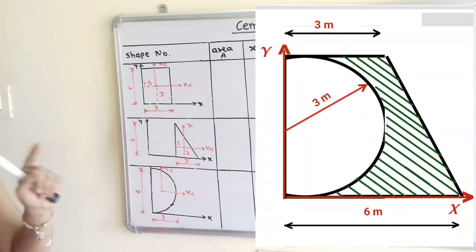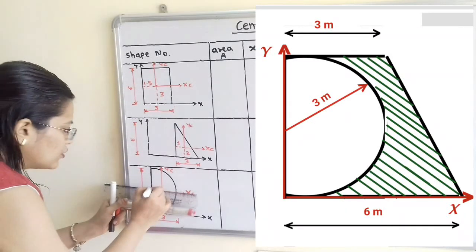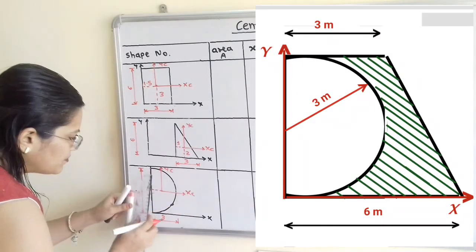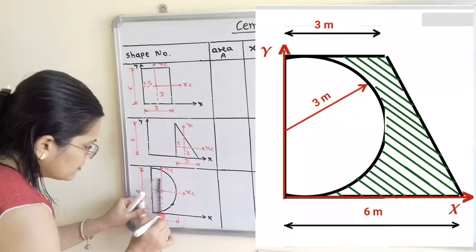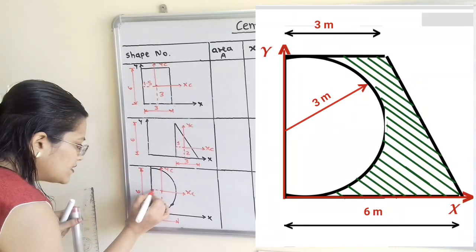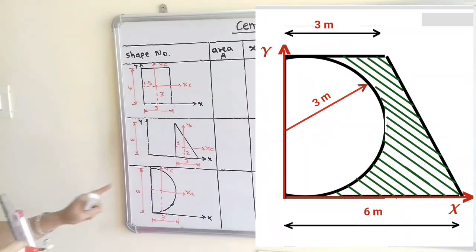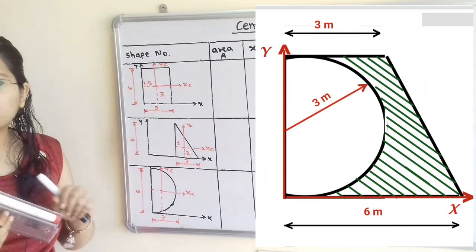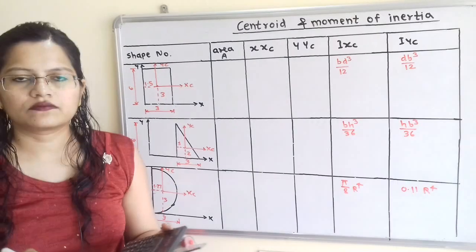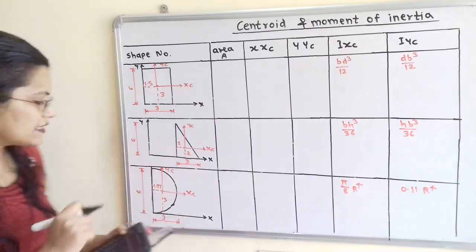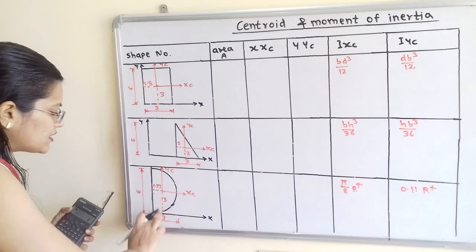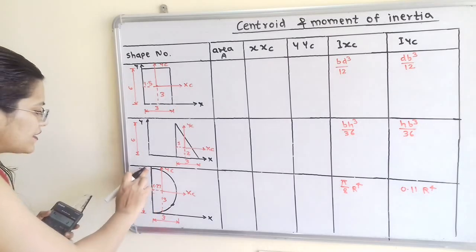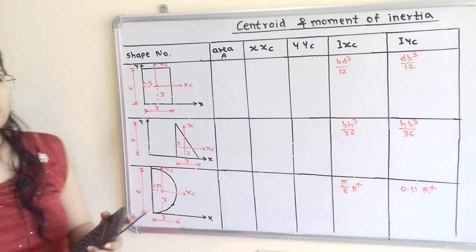Now again we will find the distance, from this base and from this. So how to find this horizontal distance? This horizontal distance is equal to 4r by 3 pi, where r is the radius. So the horizontal distance is 1.27 and this vertical distance is the center of this height, that is equal to 3.